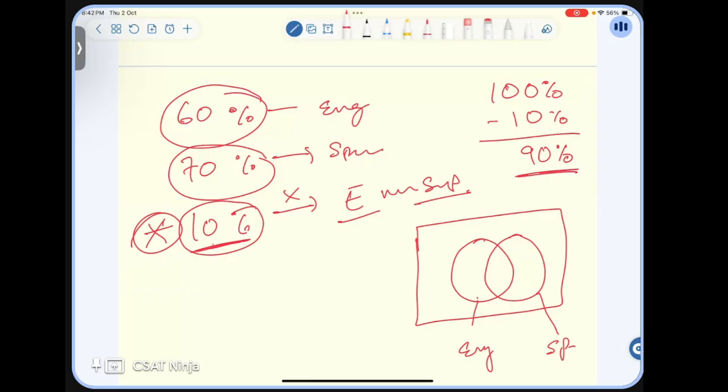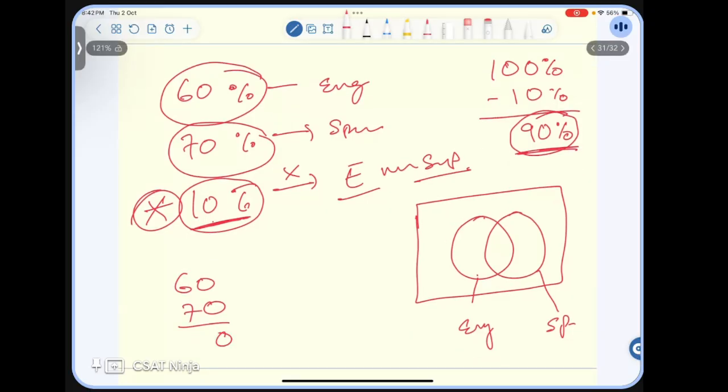So there are 90 people who speak English and Spanish. But remember, 60 speak English and 70 speak Spanish. There's a total of how much? We are getting a total of 130% there. But actually, it is 90.